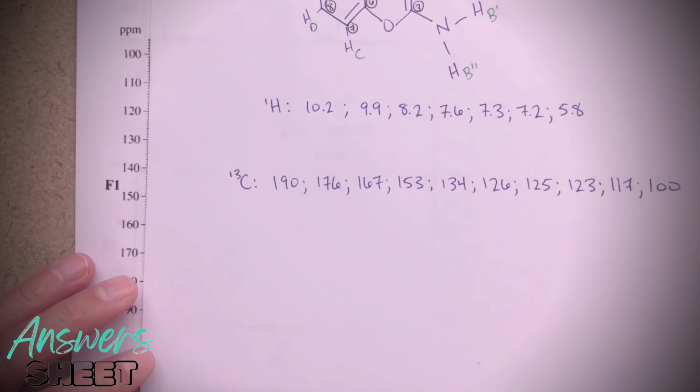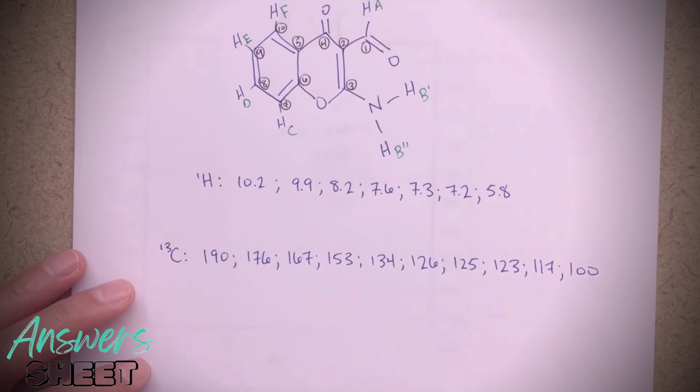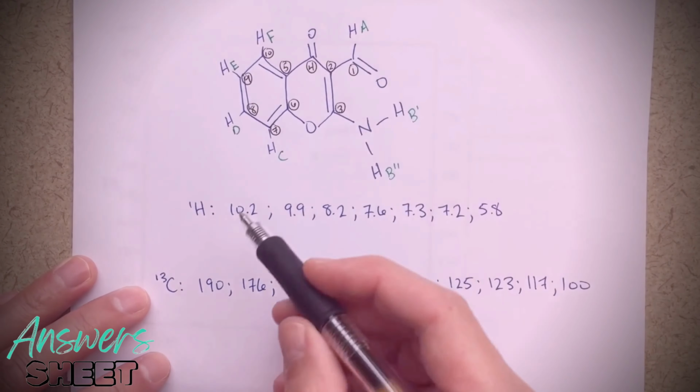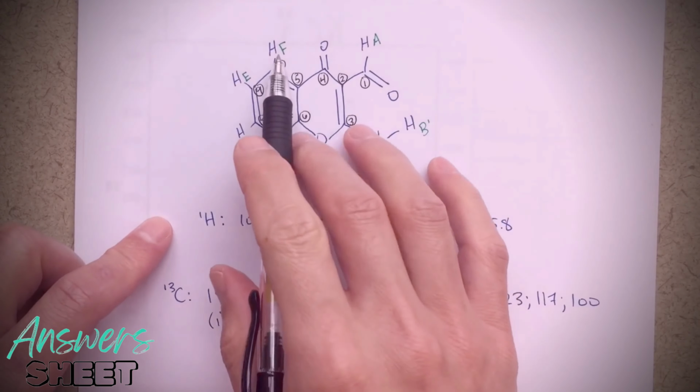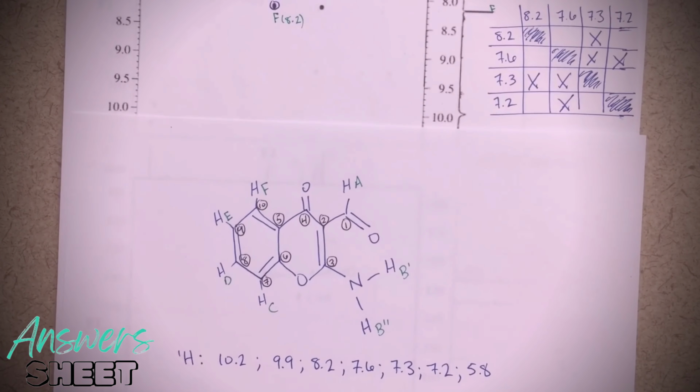So at this point, we can start filling in some of the information on here. We already said that number 1 is going to be 190. And then for our proton NMR, let's do that first.